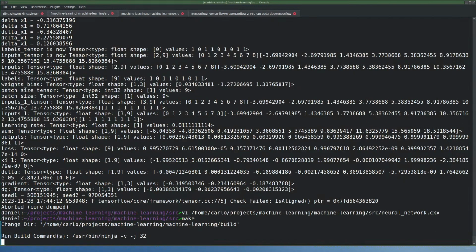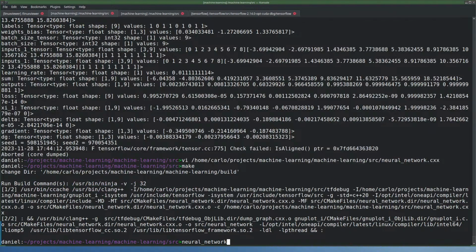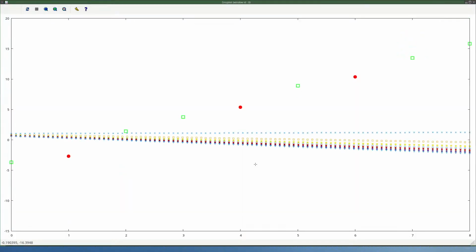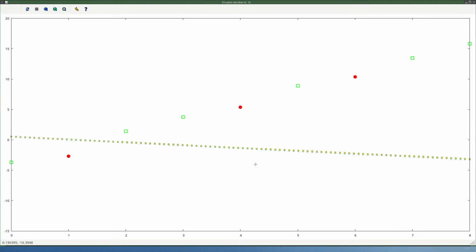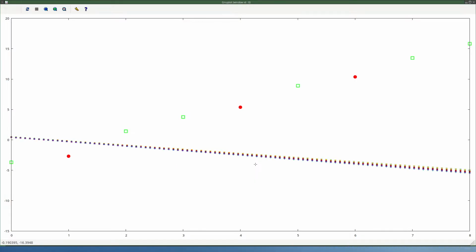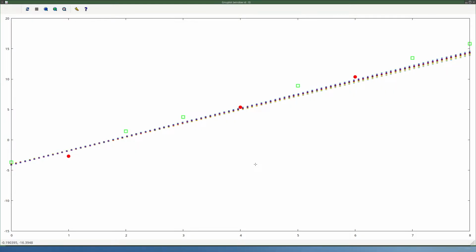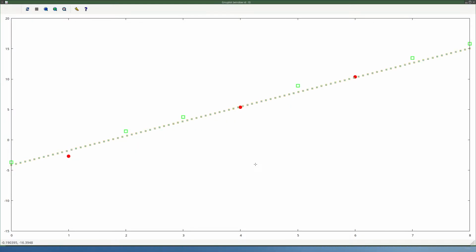I don't see the problem. There is no problem. Yep, it all behaves exactly the same, so that is good.